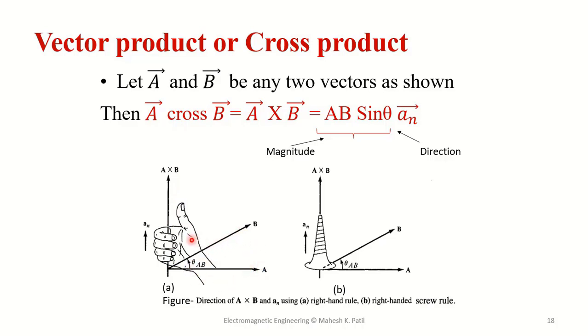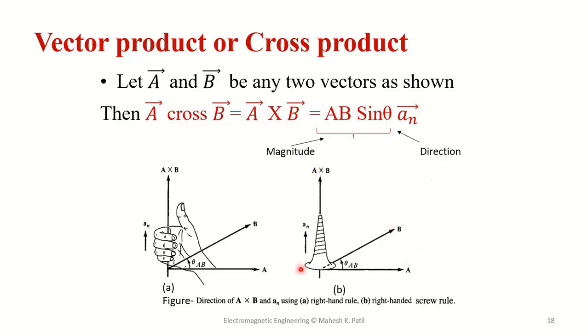You can observe here, this is the plane containing vector a and vector b, and the cross product a cross b is the normal to that plane. If you want to calculate b cross a, then this an bar is downwards, so it can be written as minus an bar. So a cross b is not equal to b cross a.